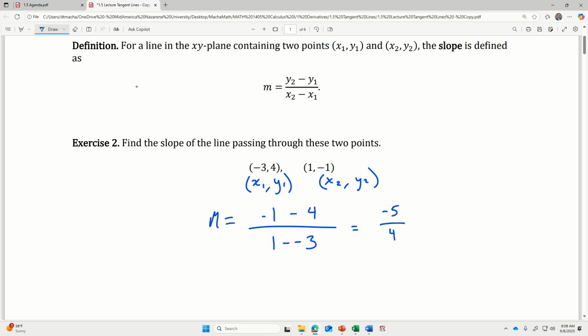My slope is negative 5 over 4. And anytime I specify 2 points in the xy plane, that completely and uniquely defines a line. Imagine lining up your ruler or your straight edge against 2 points that you see. There's only one line that goes through those 2 points. And that has slope negative 5 over 4.